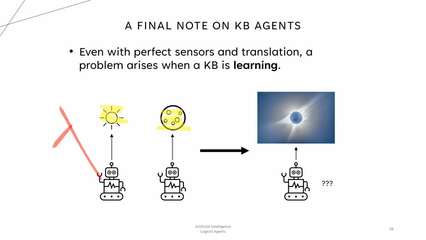But the moment you throw in a lunar eclipse, the robot is completely wrong and has no idea what's going on, because the moon is in front of the sun. A lot of KB agents that we deploy in the real world are learning like this. They're making inferences from the data that they see. But when anomalies come up, their knowledge base becomes inaccurate, and so we have to adapt and plan for that.